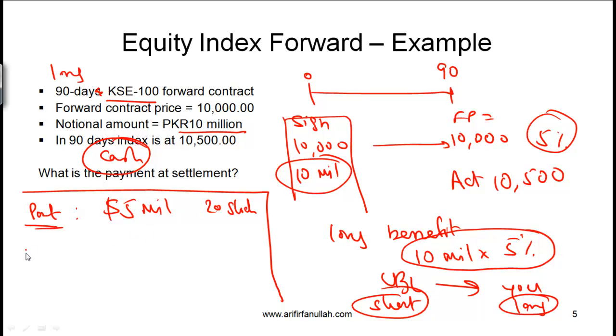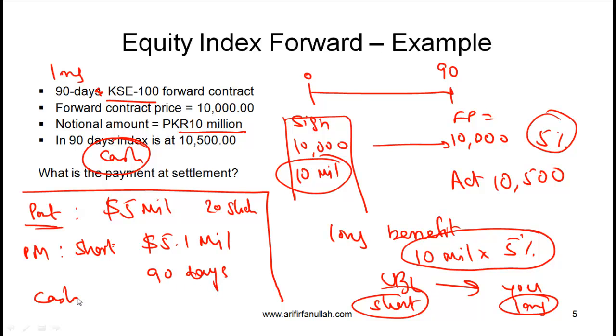So say you are a portfolio manager and you want to hedge your risk. So what you can say is, you can take a short position where you say that you will sell this portfolio for $5.1 million in 90 days, and you might call this a cash settlement.